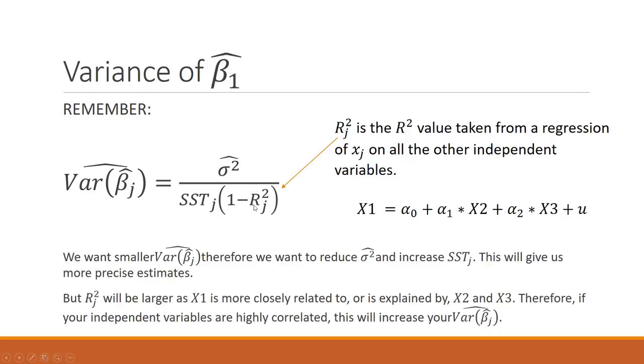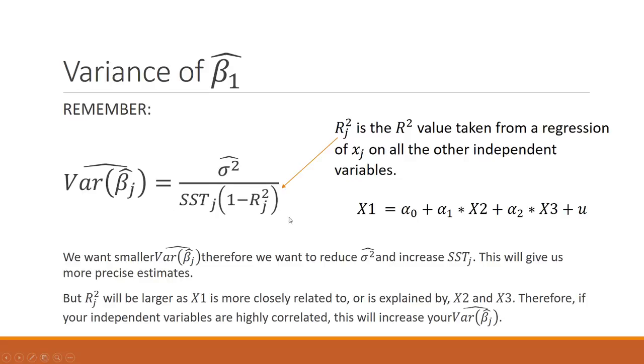So let's look at the math and we can see it. As the relationship between x1 and x2 and x3 is larger, then the r squared will be larger. As the r squared is larger, 1 minus the r squared gets smaller.